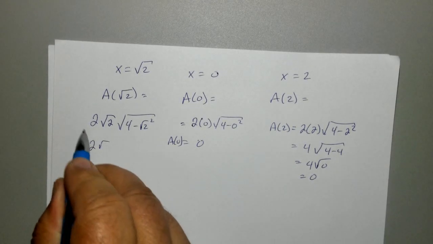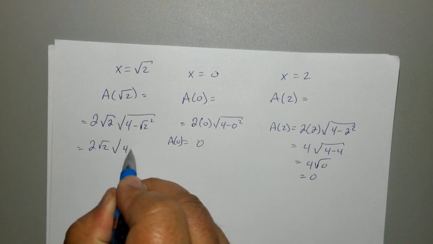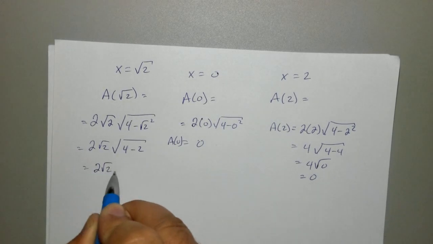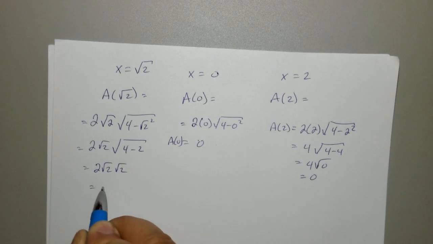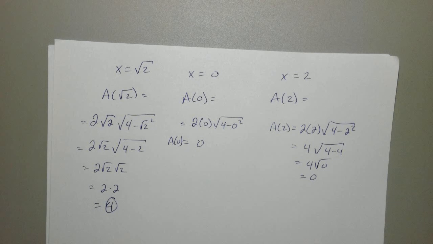So 2 radical 2, radical 4 minus 2, 2 radical 2 times radical 2, 2 times 2 is 4. So the optimal, largest area we can have is 4.